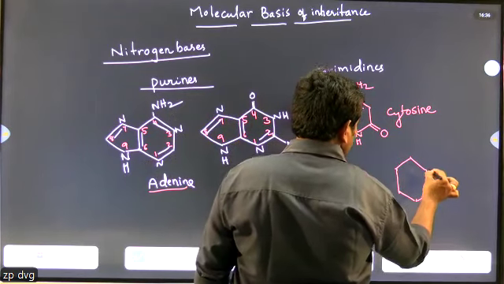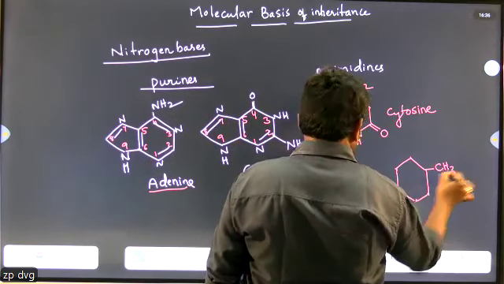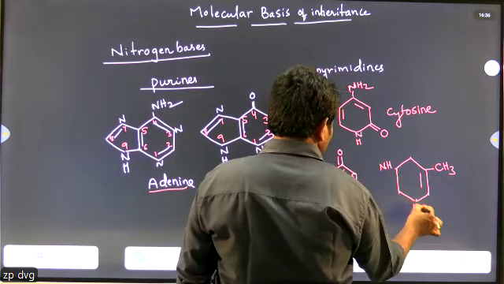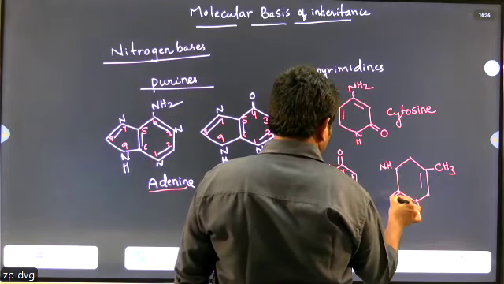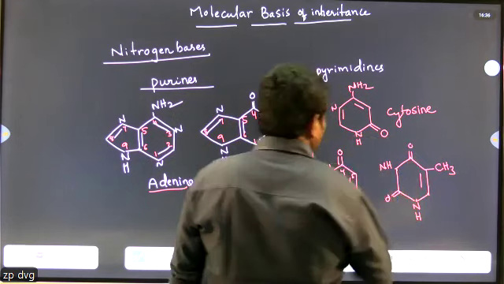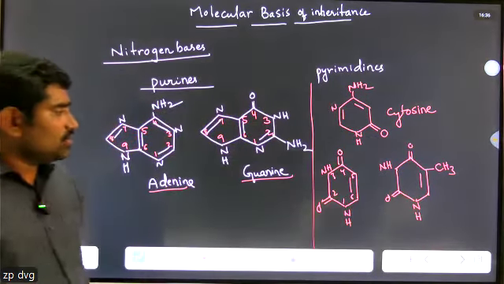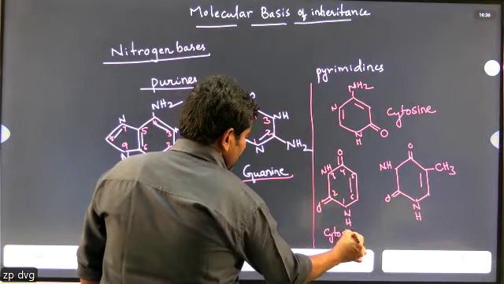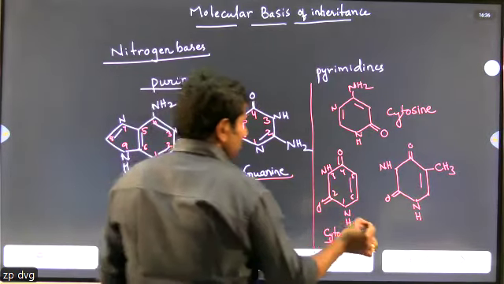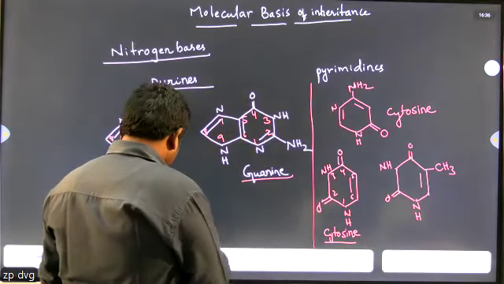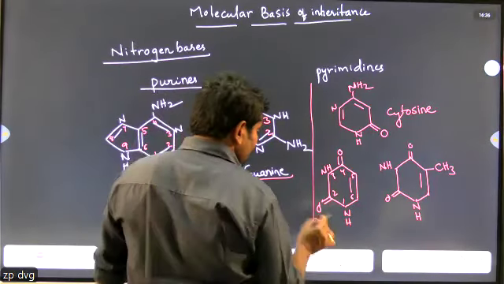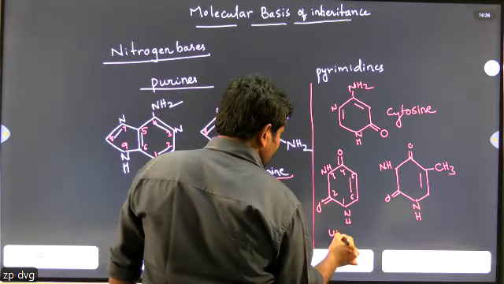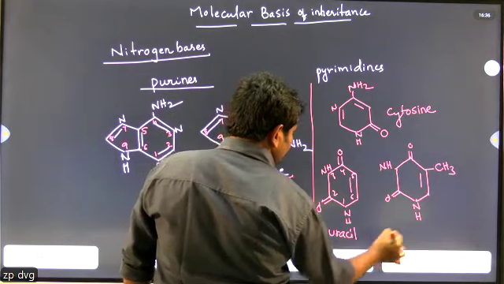In thymine, CH3 is present in this place, and this is NH, NH, O, and O. Sorry, this is not cytosine. This is called uracil, and this is thymine.